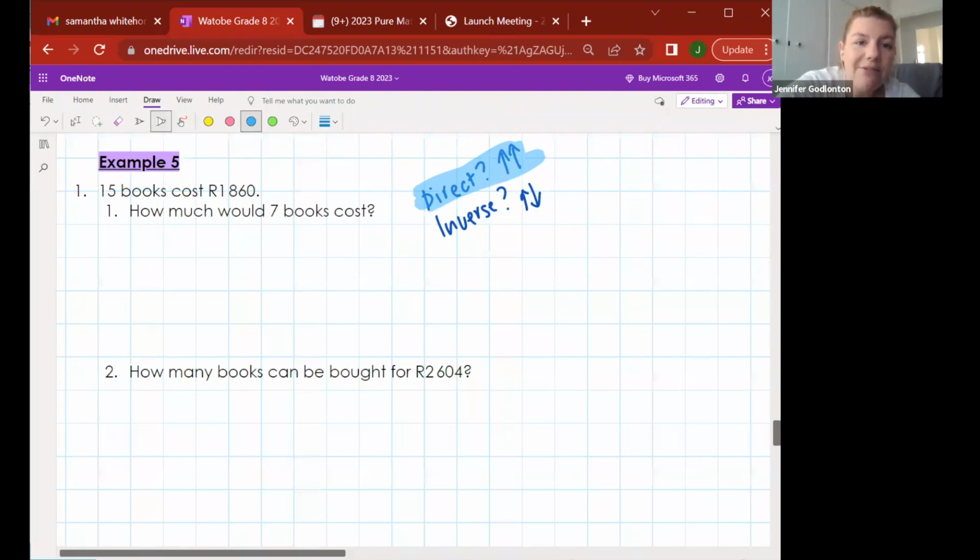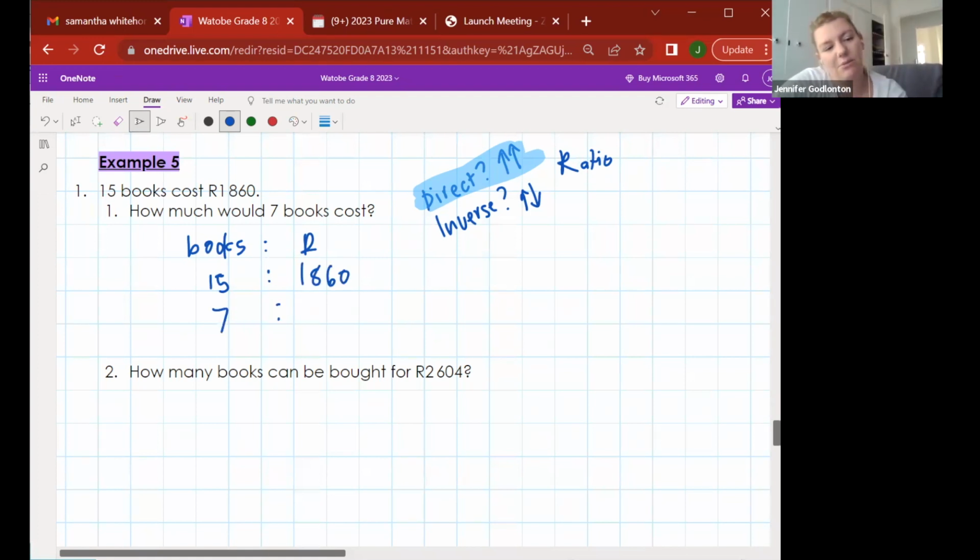If it is direct proportion, that means we want to work in ratios. So we want to have books to money. So 15 books to 1,860 Rand. And we are trying to figure out how much 7 books is going to cost.